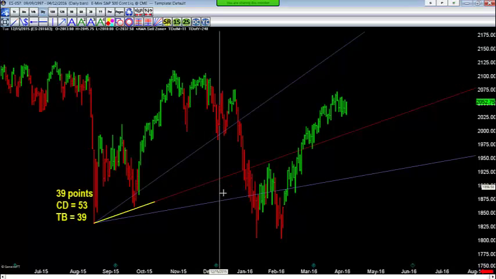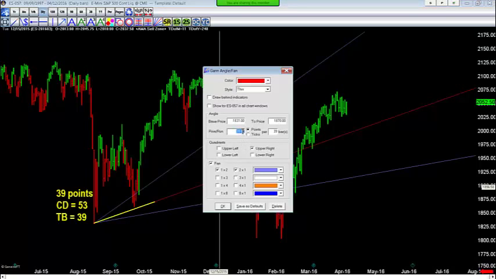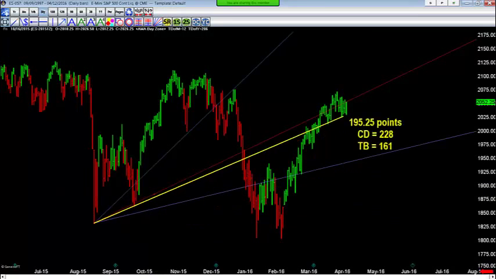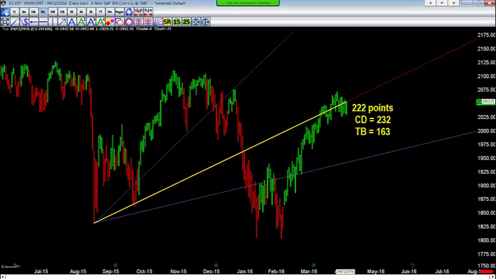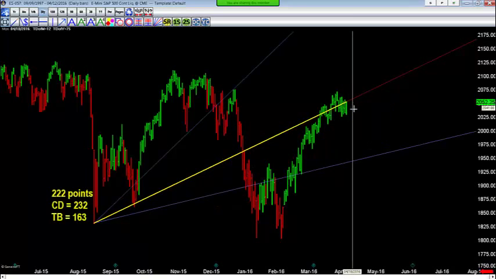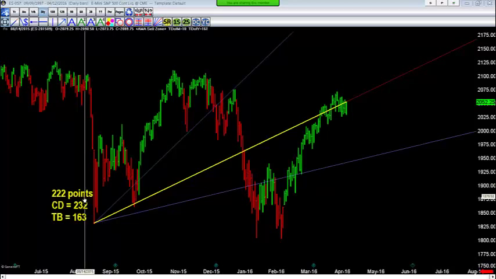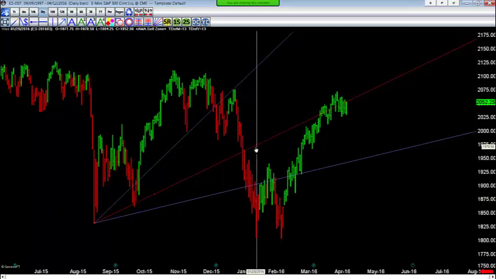So I'm going to make the rise and run over here. 53. And there's another 1 to 1 coming in there perfect. This low price is 1831 plus the 232 bars. I get 2063. Okay?